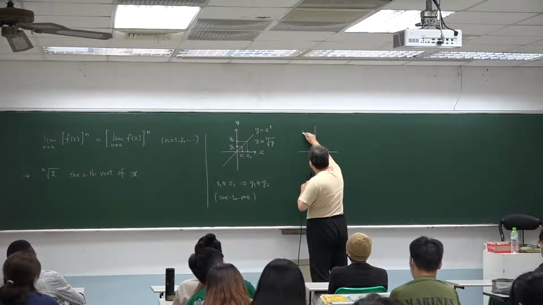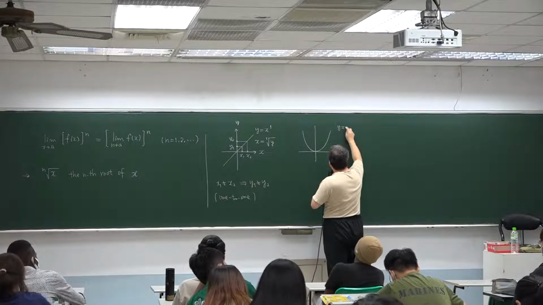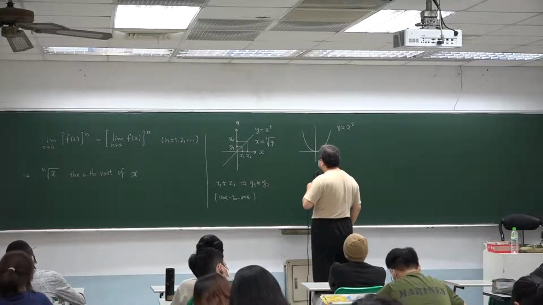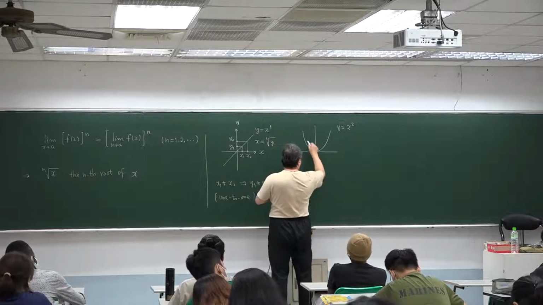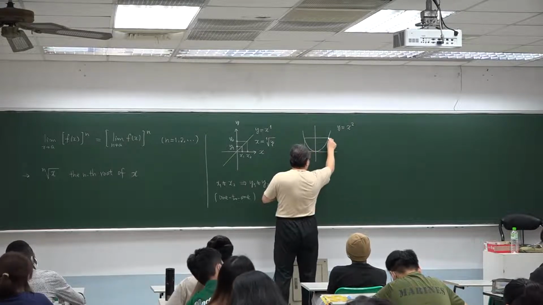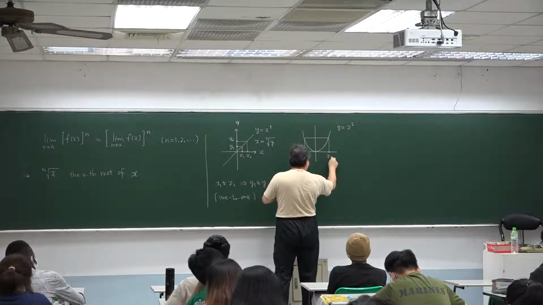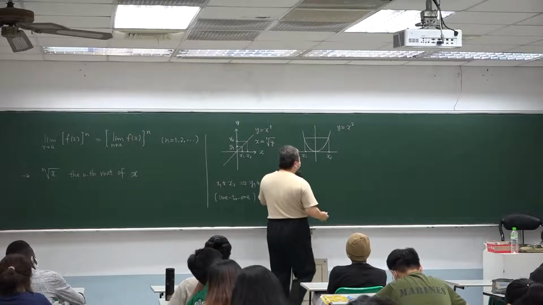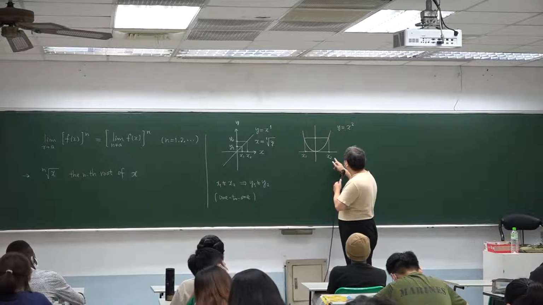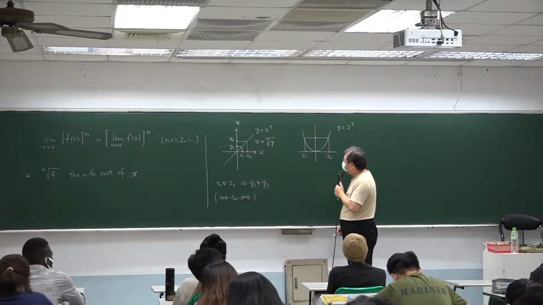Consider y equals x squared. This function is not one-to-one because some different values are mapped to the same number. x1 and x2 are different, but the square of x1 and the square of x2 are the same.